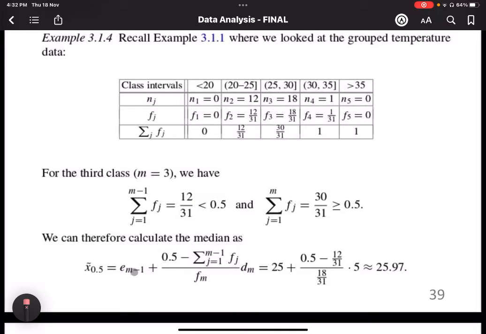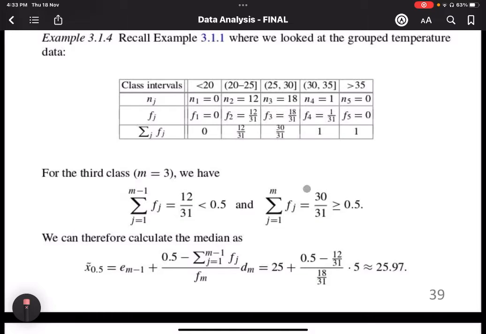Okay? So, lowest limit plus the summation. Ito yon, 0.5 minus 12 over 31 times 18, which is... ito, hindi natin ito ginamit, no? Ito yung ating representation lang within the third class.